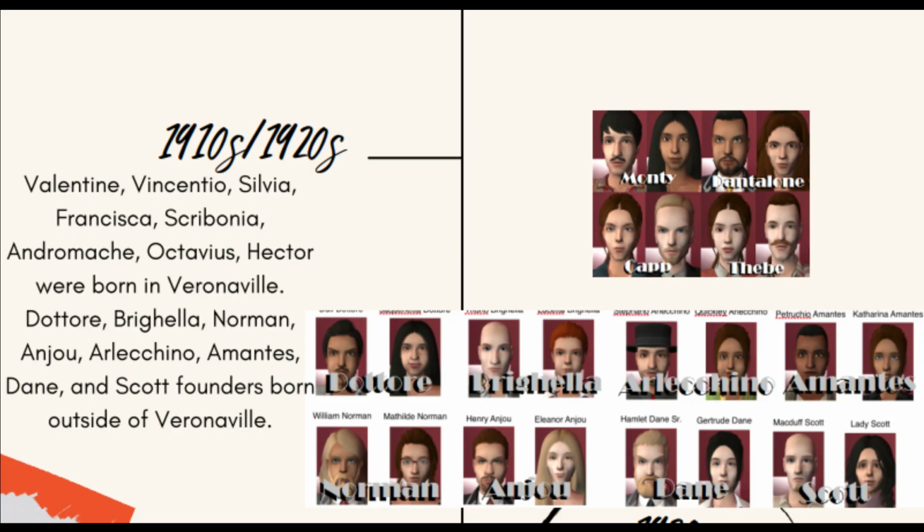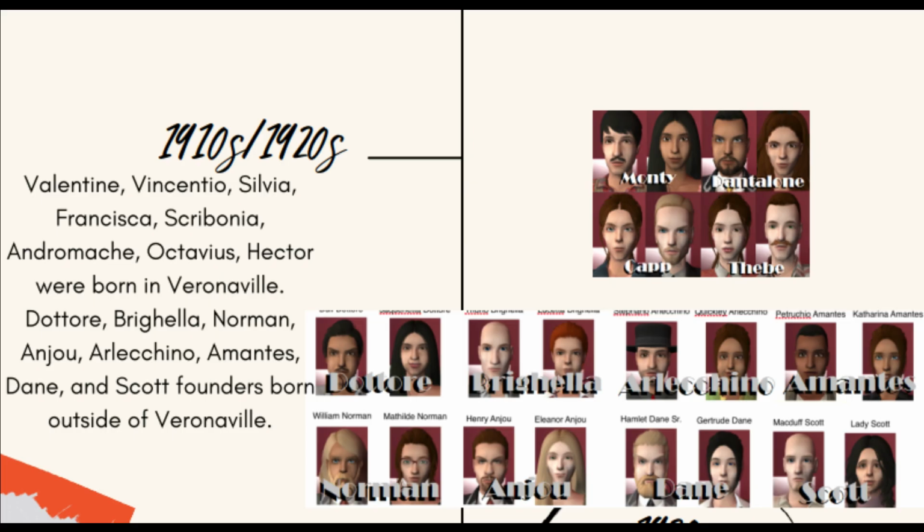Yet again, many of these people are born in Europe or Africa, essentially. Southern Europe, Northwestern Europe, some even from Sub-Saharan Africa, and some have a mixture. But they're born outside of Veronaville. They are not in Veronaville yet.